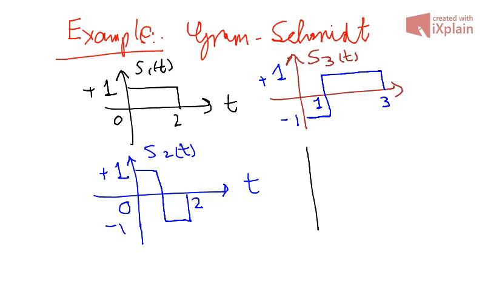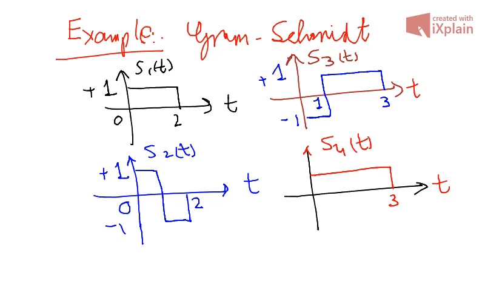So we have S4 of t, which is given by this is t, right? S4 of t, and it is also 1 here. The peak is 1 from 0.